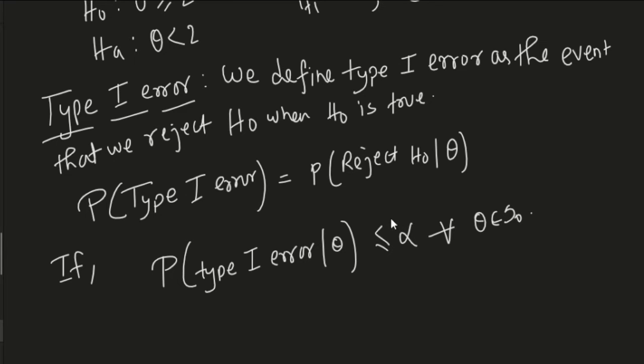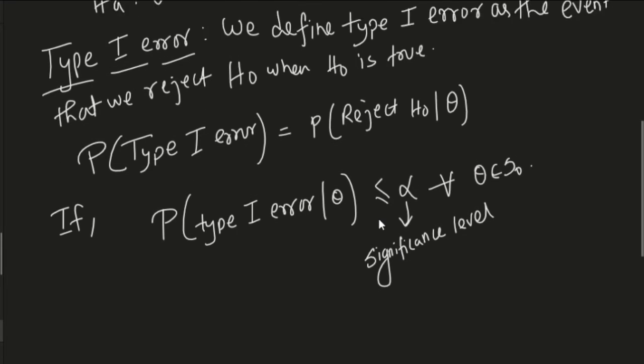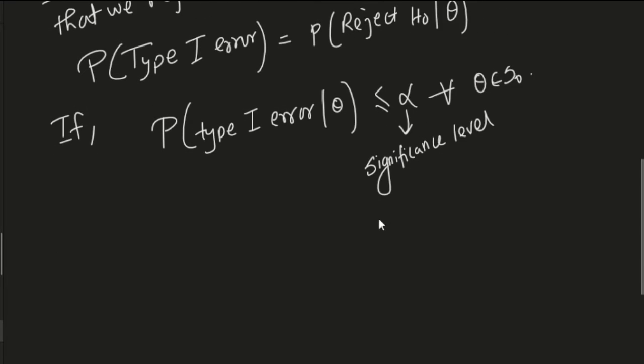Obviously, this is what we call the type 1 error, so the probability of type 1 error given theta, if it is less than or equal to alpha, which is the significance level, this usually gives us that the test is significant and we should proceed with it. But if the probability is greater than that, then there are other ways to test that.